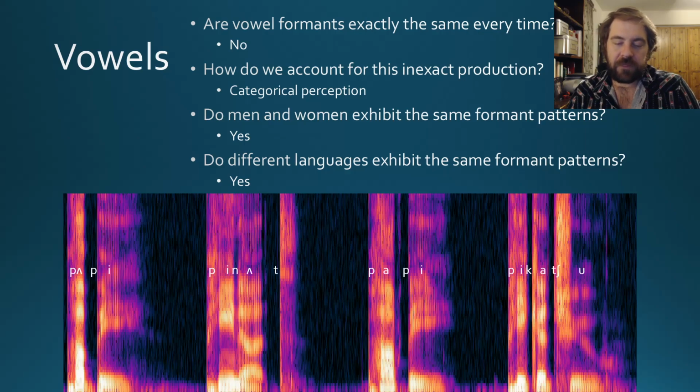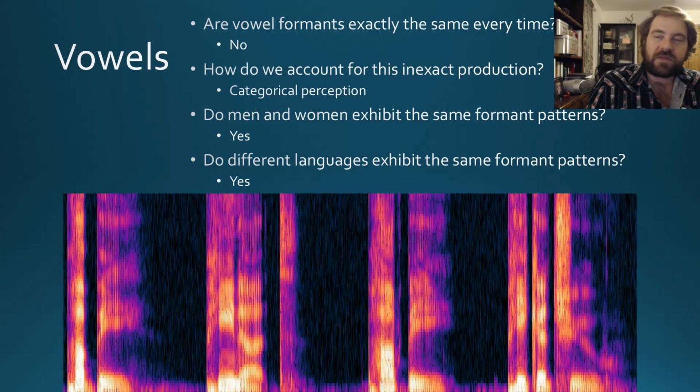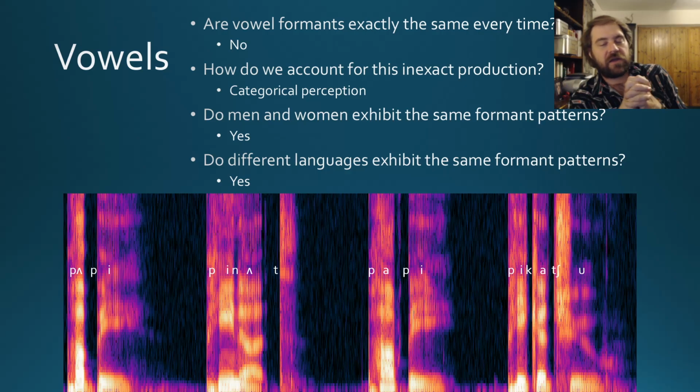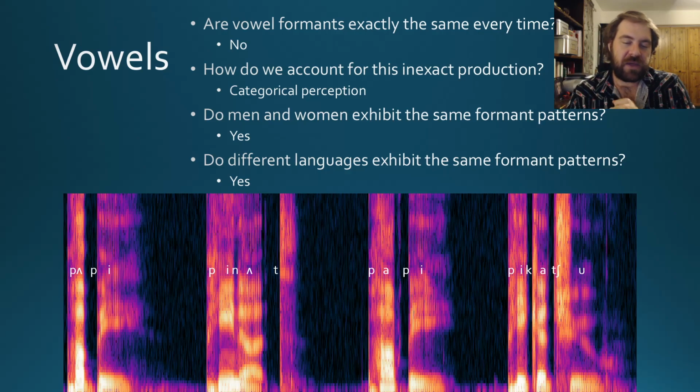Okay, so let's take a look at these vowels. What I've got here is 4 words, just looking at the difference in the vowels. We've got puppy, peanut, poppy, which I meant like poppy, the flower, but it could also be poppy, like I poppy.